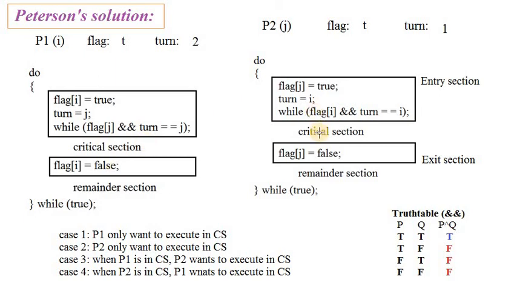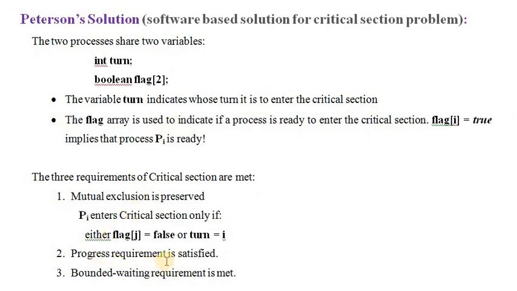It is not at all restricting the second program. Similarly, when the second program is exiting from the critical section, it is not at all restricting the first program from entering. It just wakes up the first program to enter into the critical section. That is progress, and the progress requirement is satisfied.